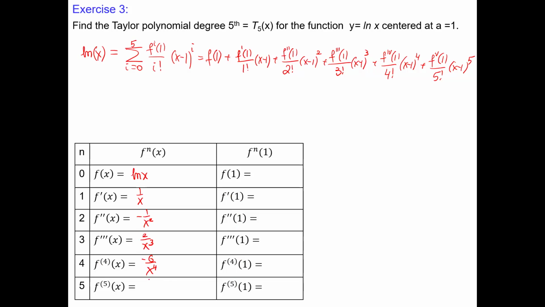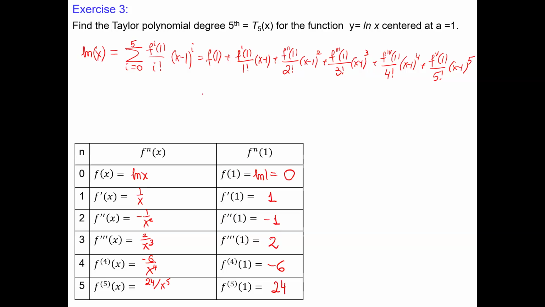And the fifth derivative is 24 divided by x to the power of 5. Now the values at 1. Natural log at 1 is basically 0. Then 1 over 1 is 1, negative 1, positive 2, negative 6, positive 24.